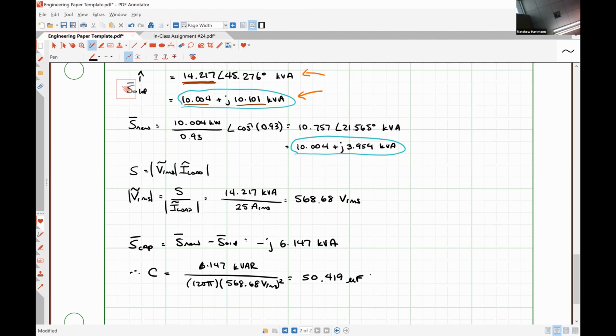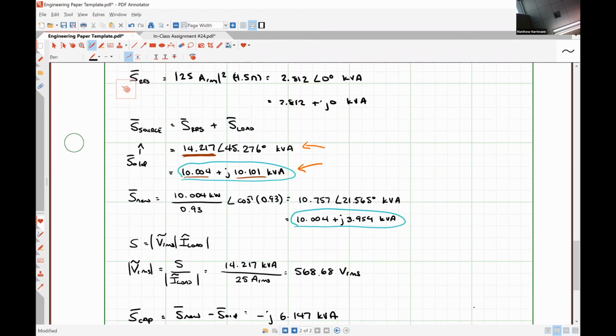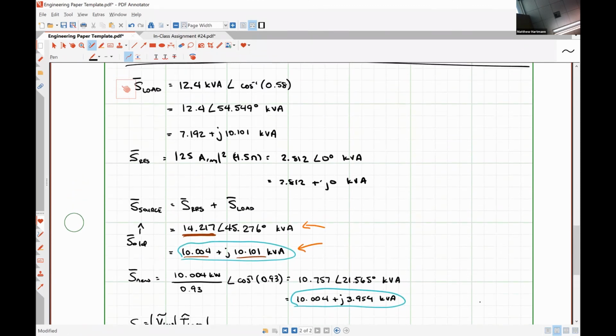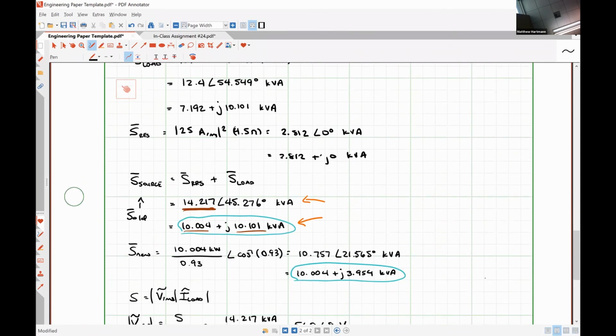All right, so that problem was a bit more involved, but I intended for it to help us review our different complex power relationships, since we needed to pick and choose the different pieces that we would use in order to work towards our final answer.